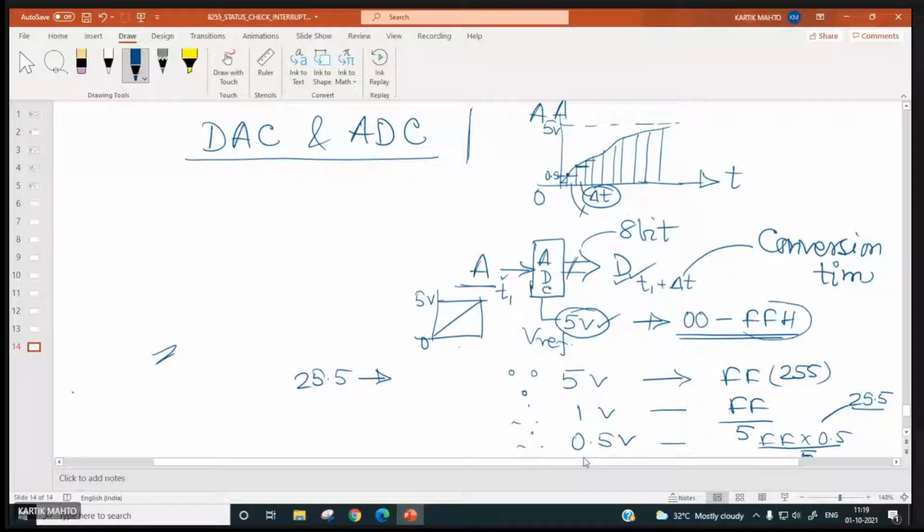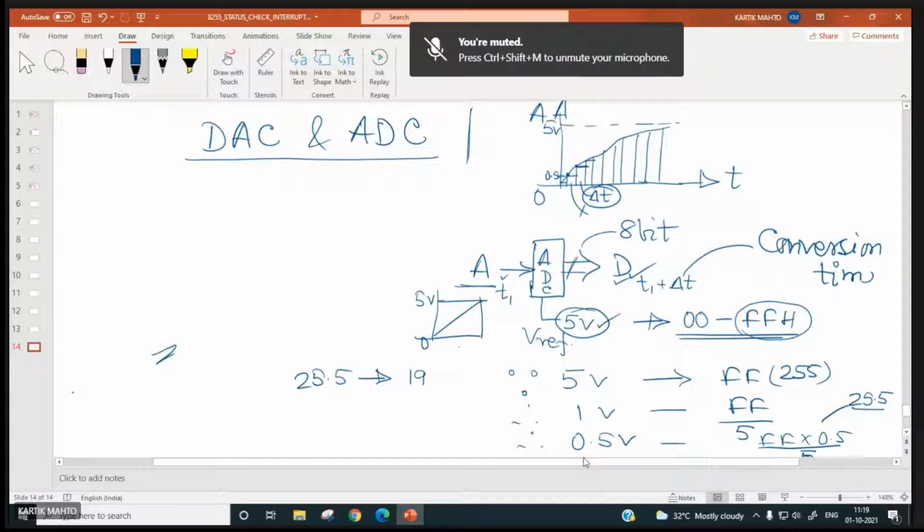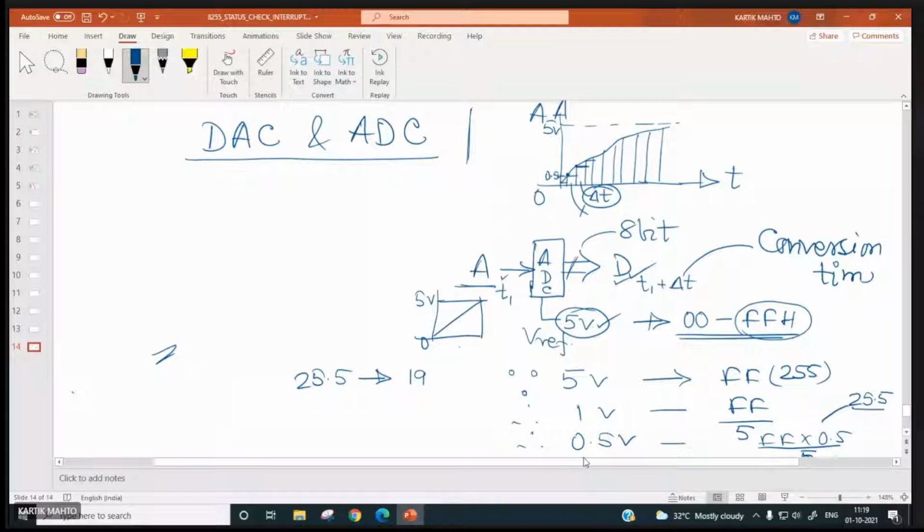How much will it be? 1 and 9. What about this 0.5? It will be 0.1. Are you going to get it with this 8-bit?